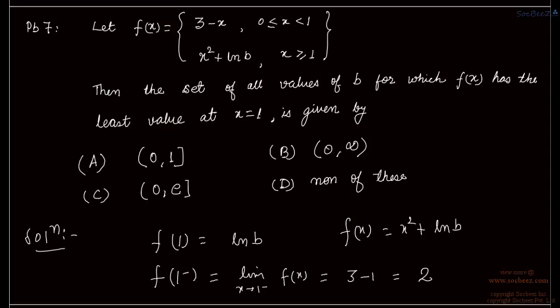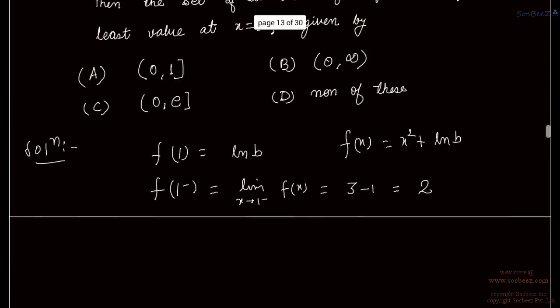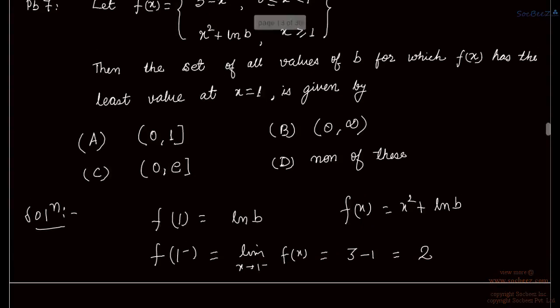First of all, for the curve to be continuous, right, we have the condition f(x) at point x is equal to 1 should be equal to f(x) at a point just less than 1, which is f(1 minus), right? But here we have to check for least value occurrence at x is equal to 1.